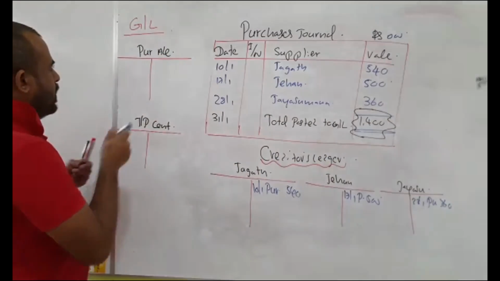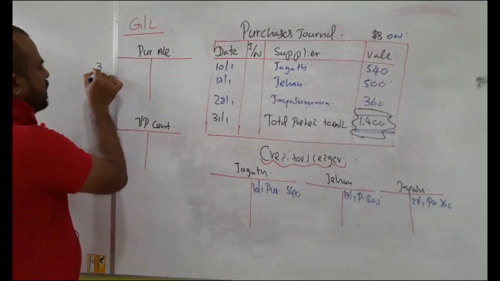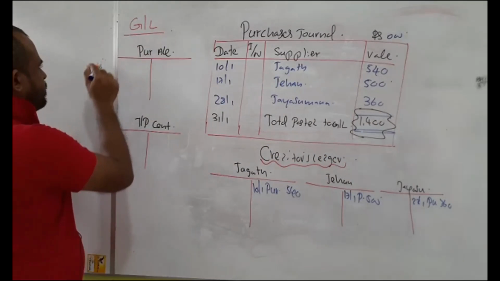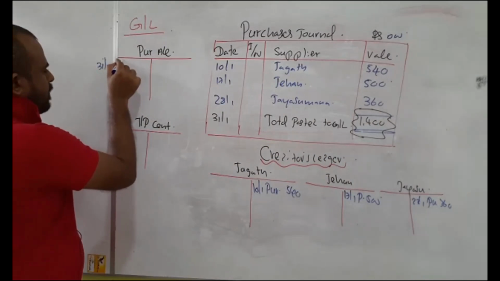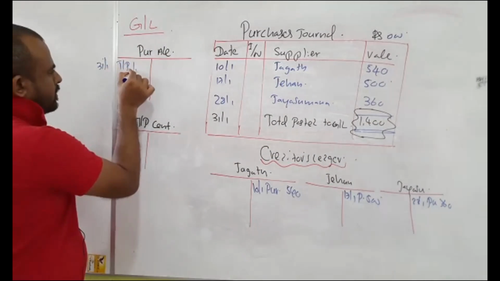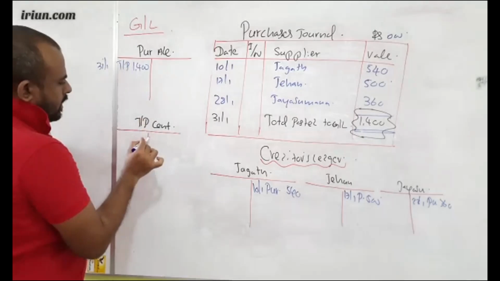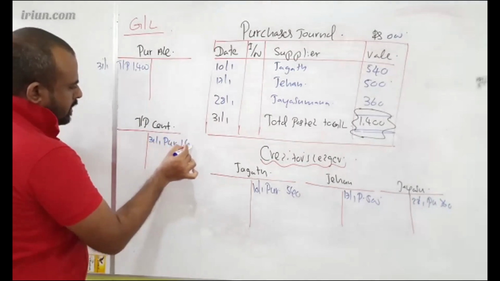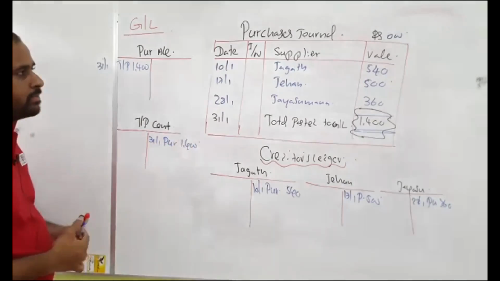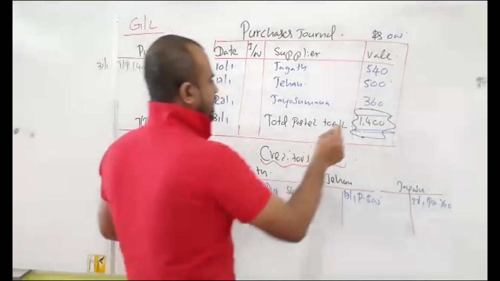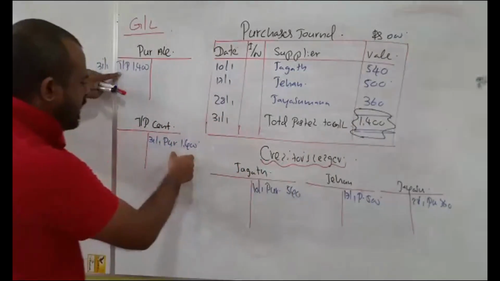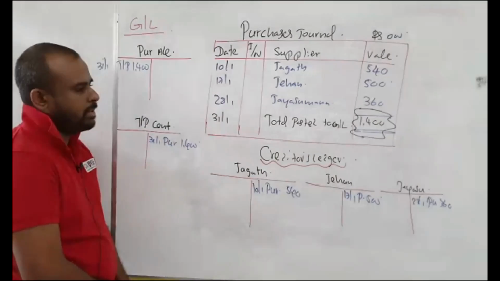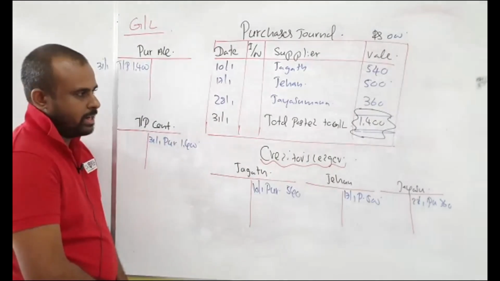It has to be debited here on 31st Jan, in the purchases account. In the trade payable control account it's 1,400, credited here on 31st Jan, saying purchases. Total of the purchases journal: purchases account debit, trade payable control account credit.